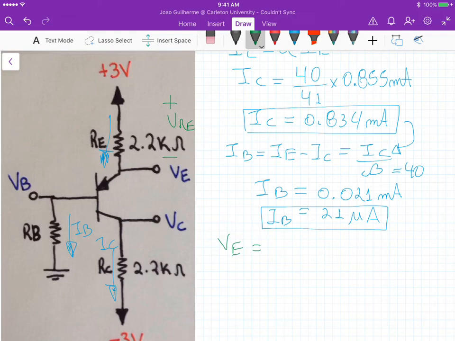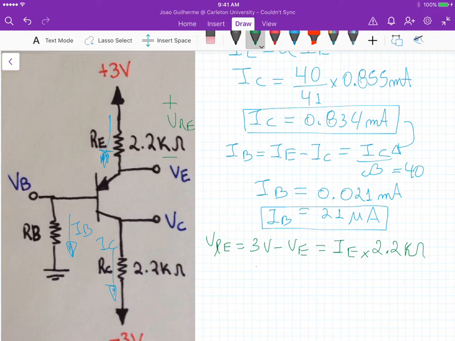We know that VRE is equal to 3 volts minus VE, that equals IE times 2.2 k ohm, just using Ohm's law.